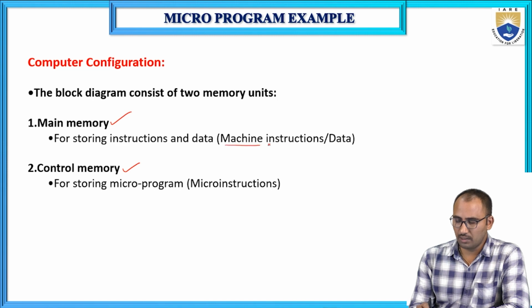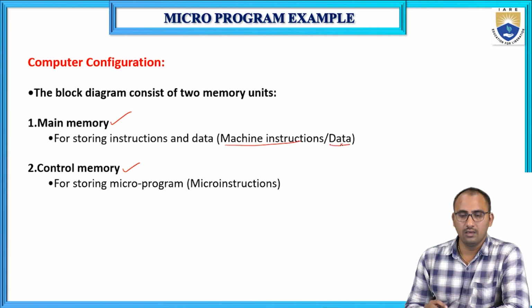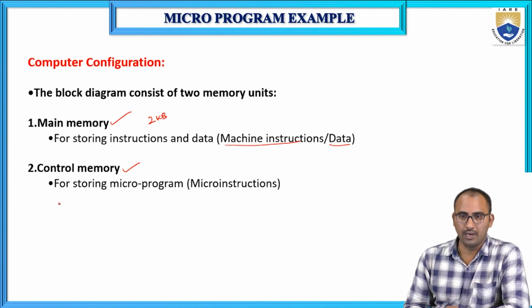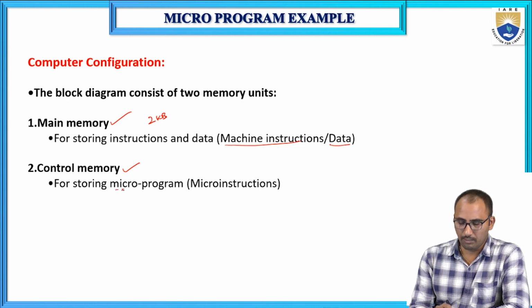The instructions are machine instructions, and the data we can store in the main memory. The size of the main memory is 2 kilobytes. Coming to the control memory, it is used for storing the micro program.